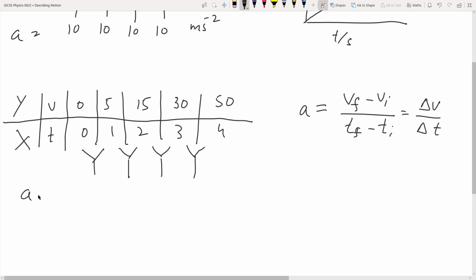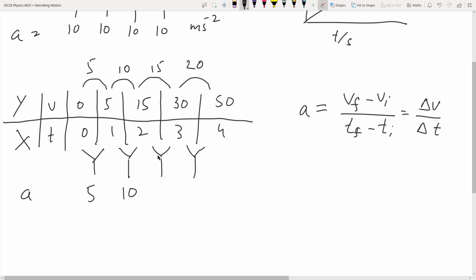So the acceleration is going to be a bit different this time around. This is going to be 5. Now this is actually 15 minus 5, this is going to be 10, and 10 divided by 1 is going to be 10. Again, the interval is 1 second for time, but over here, as you can see, the gap is 5, this difference is 10, this difference is 15, and the difference over here is 20, right? 50 minus 30.